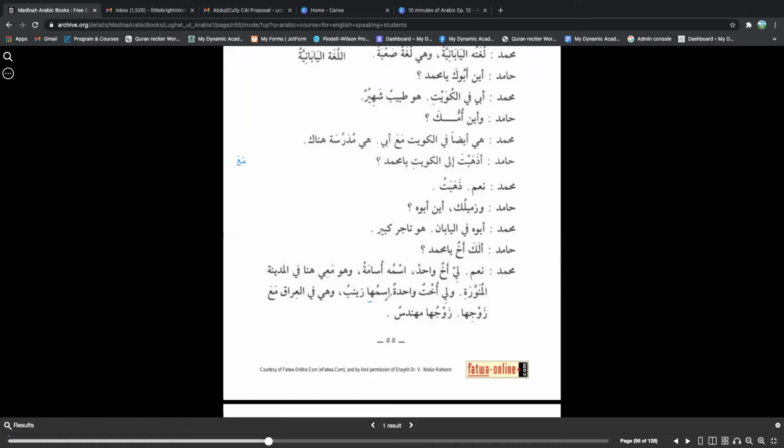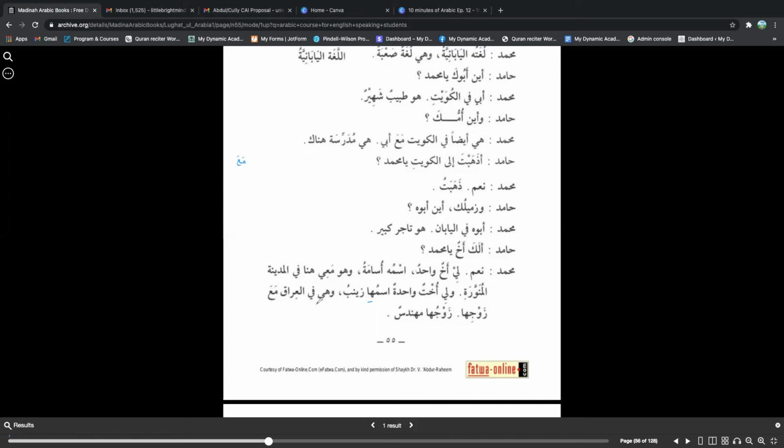So it's ismun with a tanween, but because we're adding this possessive pronoun, we take away the tanween and it becomes ismuha, her name. Zainabu, and notice Zainab has no tanween, it only has a dhamma at the end. A lot of feminine names are like this.